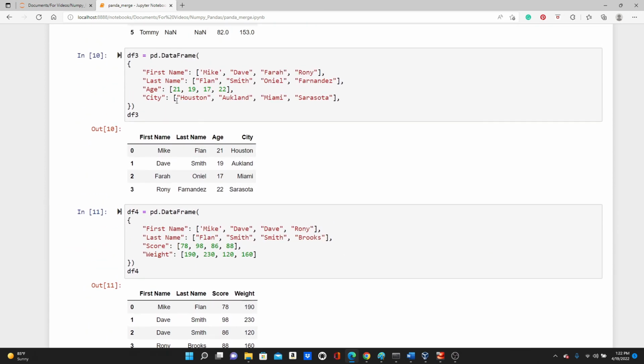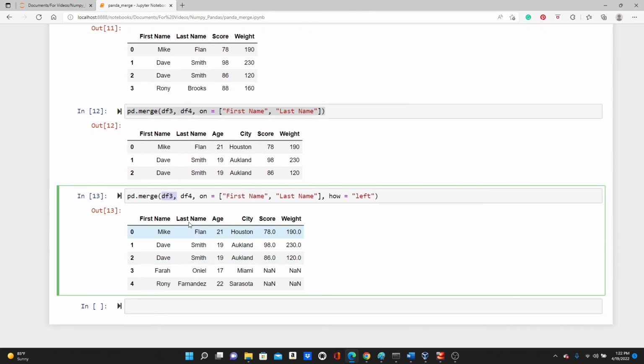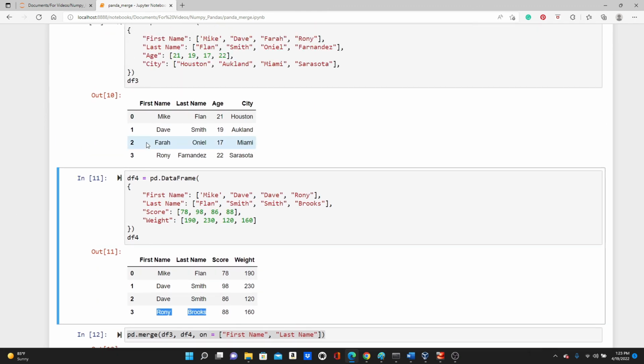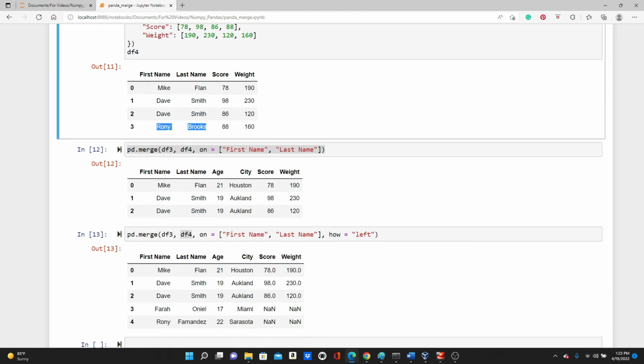So we got all the names that are in the left side, and we will get only the names from DF4 that are common with the left side. So from DF4 we didn't get Ronnie Brooks because Ronnie Brooks is not common in DF3, right? But we still get Dave Smith twice because this Dave Smith is going to merge with both of them.